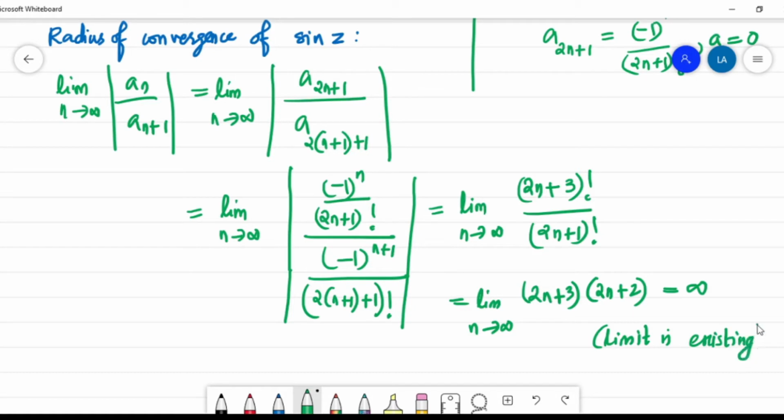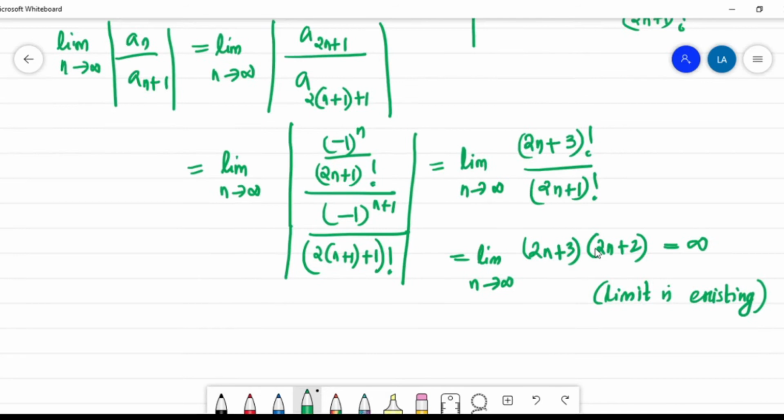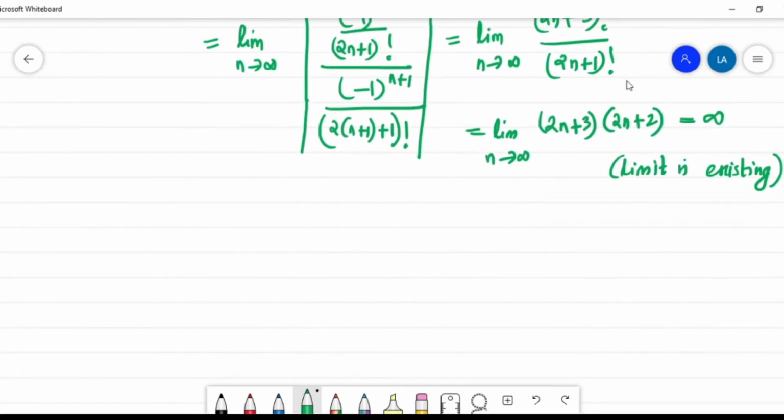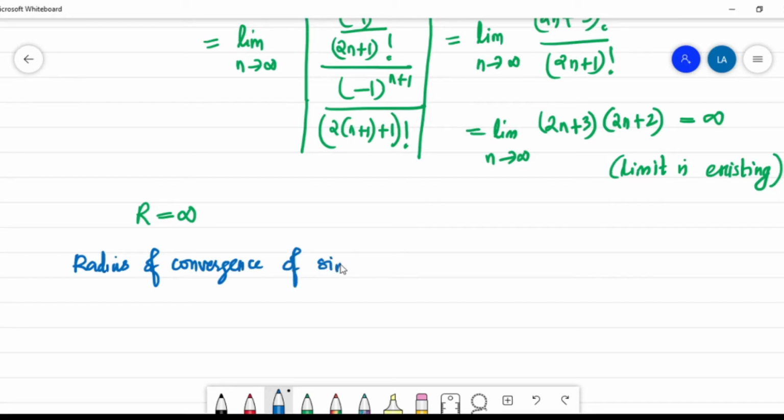So, limit is existing will make us know that the radius of convergence is equal to infinity. So, we just found out that radius of convergence of sine Z is infinite, which is a very important property of sine Z.